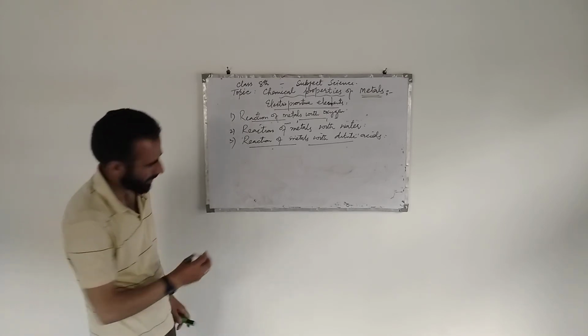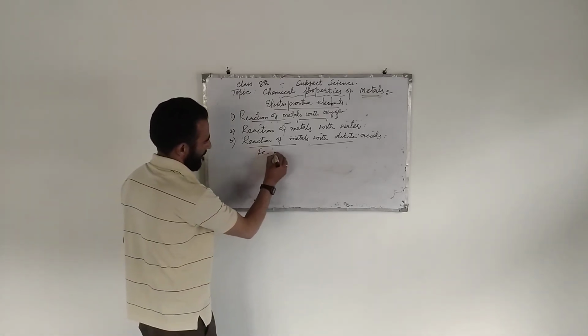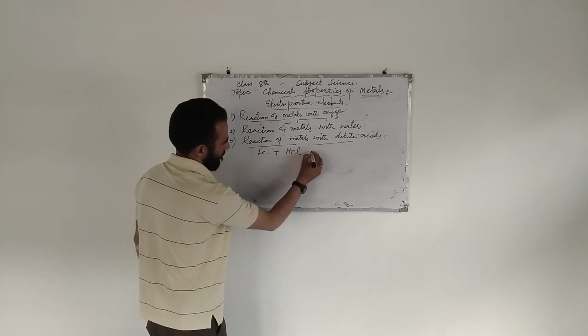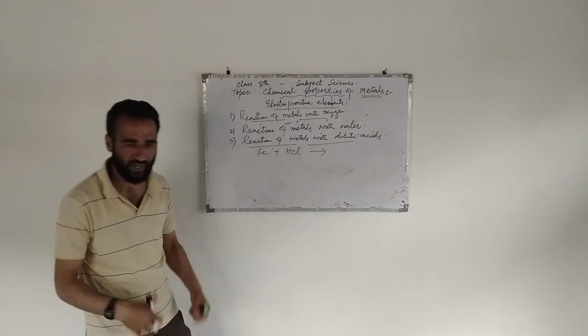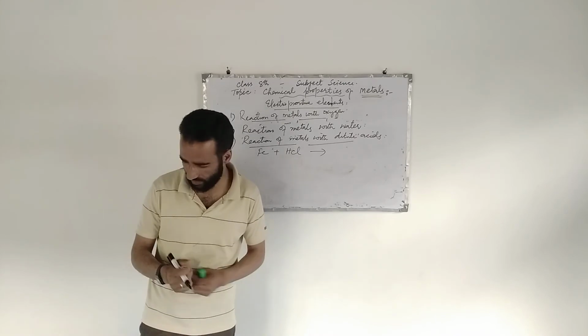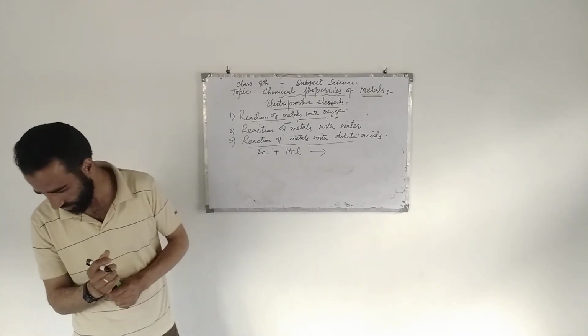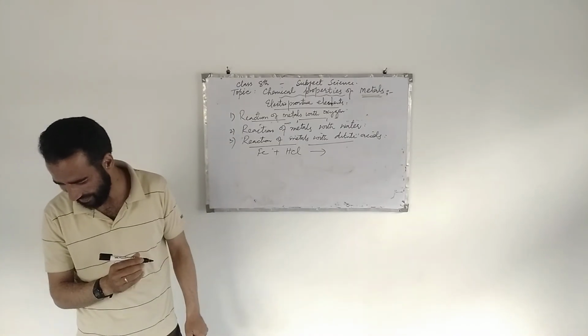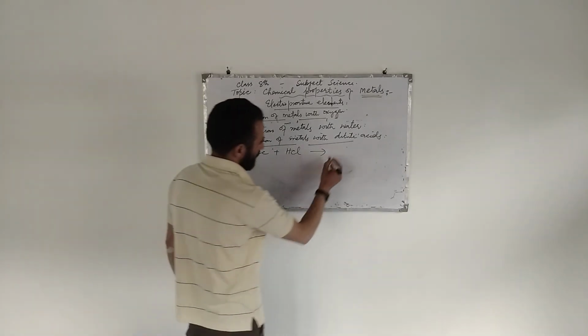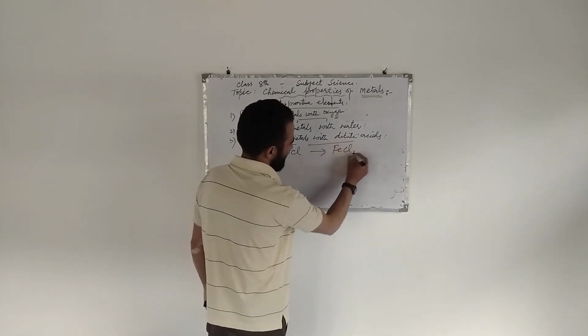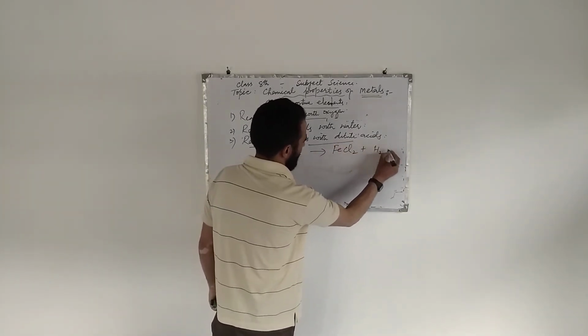Iron plus HCl. When iron combines with hydrochloric acid, what is formed? There is a formation of FeCl2 plus hydrogen gas.